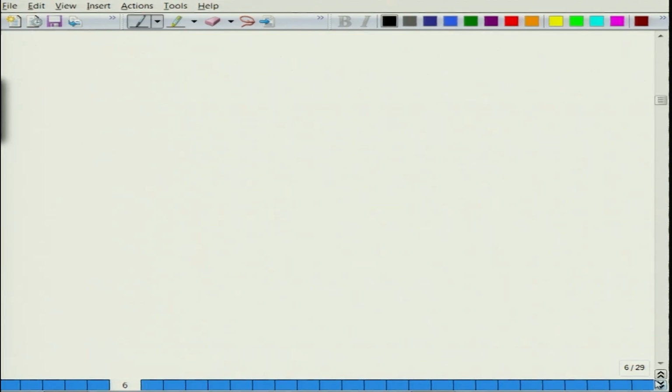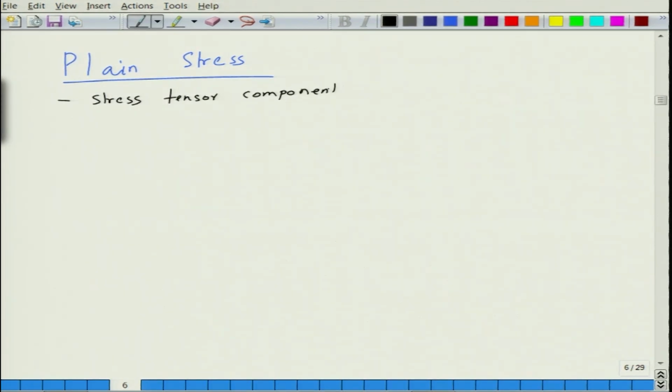And then finally, there is another state of stress which we probably did not look at, was plane stress. We looked at it when we did the determination of relation between moduluses. So, here basically what we mean is that the stress tensor component along one principal direction is zero.